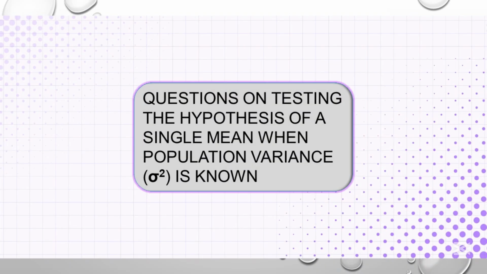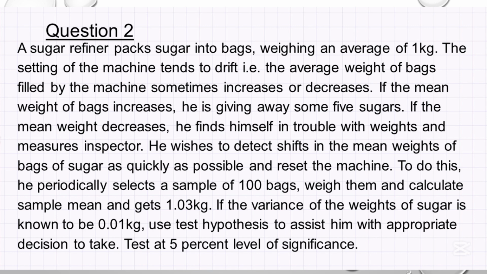So we'll be solving another question on hypothesis testing, and the question states: a sugar refiner packs sugar into bags weighing an average of 1 kg. The setting of the machine tends to drift, that is, the average weight of bags filled by the machine sometimes increases or decreases. If the mean weight of bags increases, he is giving away some free sugar. If the mean weight decreases, he finds himself in trouble with the weights and measures inspector.